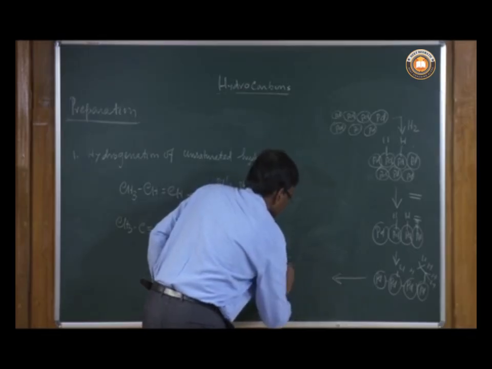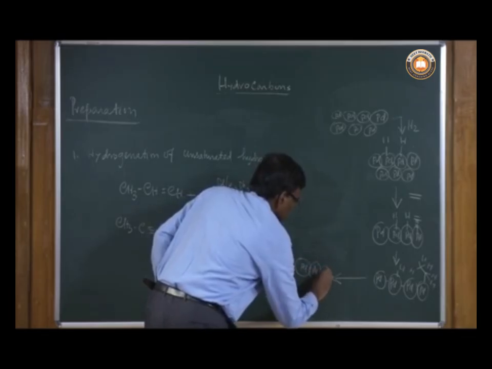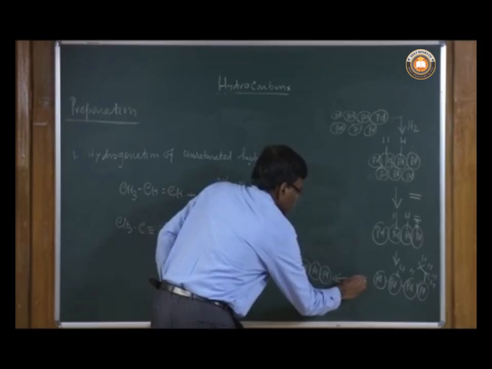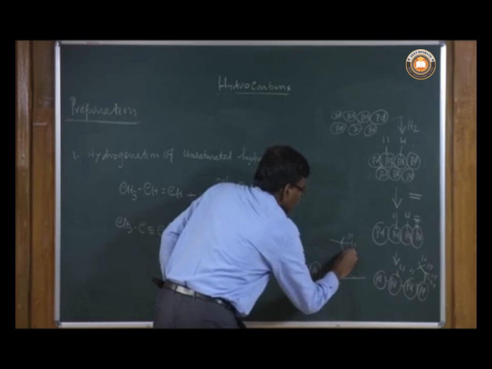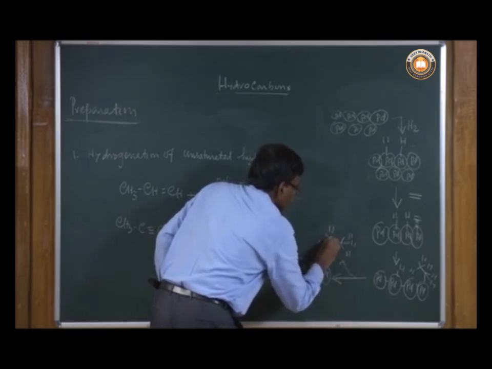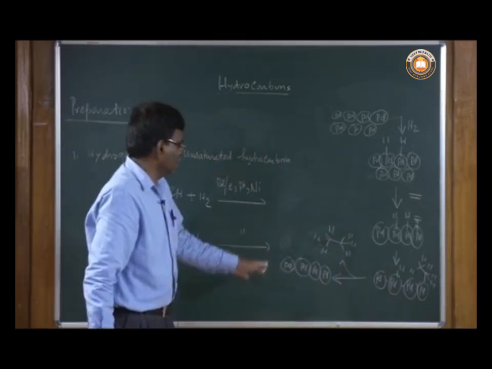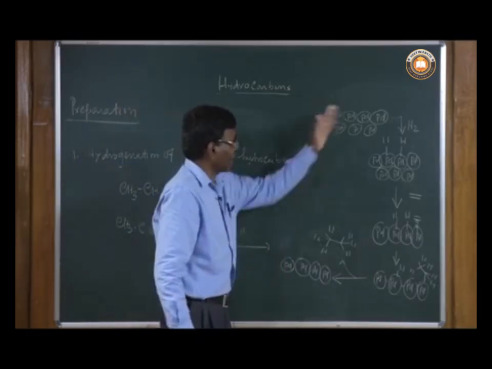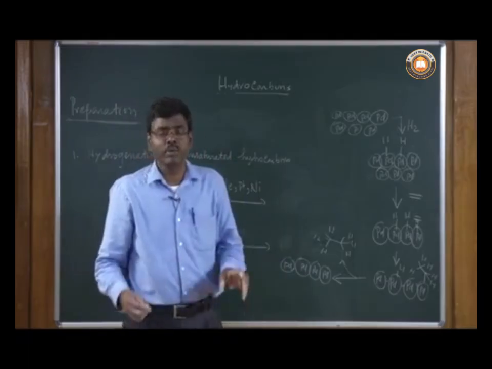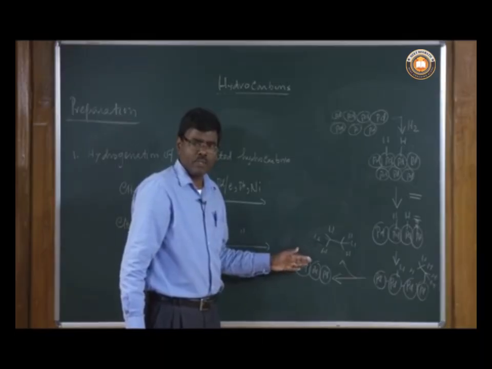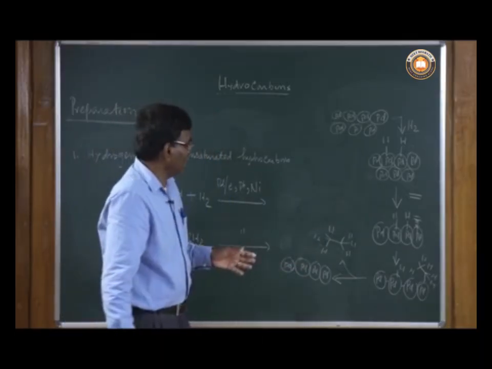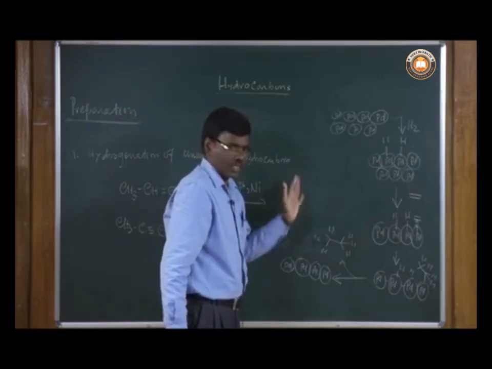So, you will generate the reduced alkane and your catalyst is regenerated. Now again it can react with hydrogen gas and go on like this. Whenever you use less than 10 mole% of this metal with respect to the substrate, we call it a catalyst.